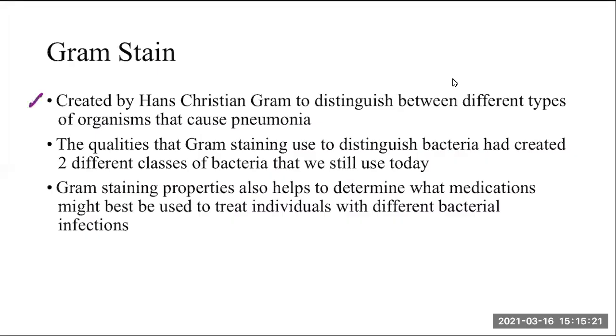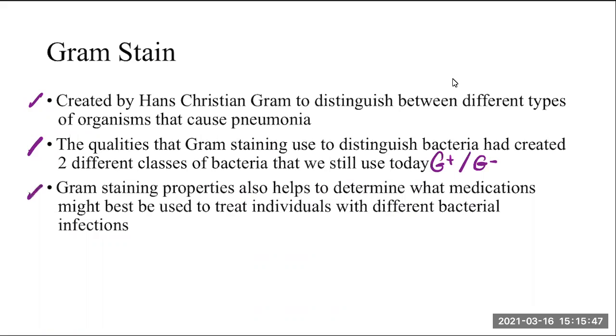So the qualities that Gram staining used to distinguish bacteria really created the two different classes of bacteria that we still use today, Gram positive versus Gram negative. So, he inadvertently did that in that attempt to look at the differences between causative agents of pneumonia.